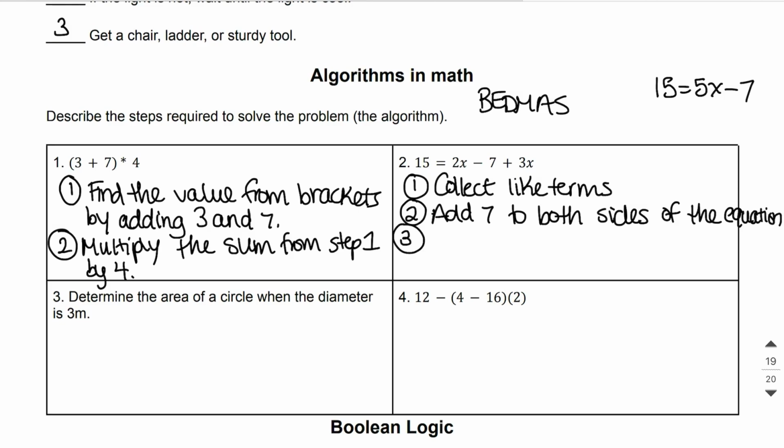Step 3, so when I add 7 to both sides, I would end up getting 22. Step 3 would be to divide both sides by 5. And then that would be my answer. Step 4, write the answer.